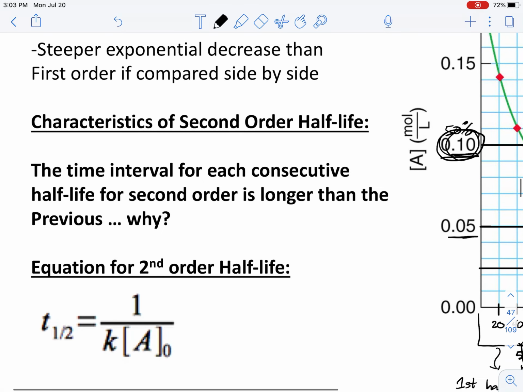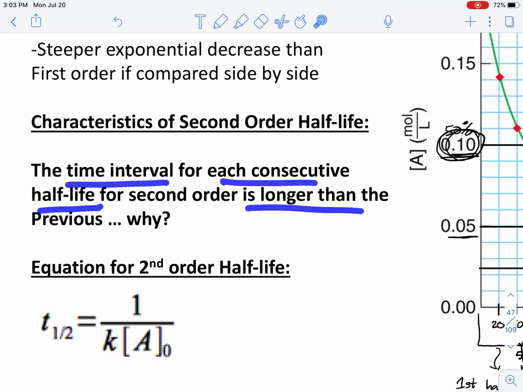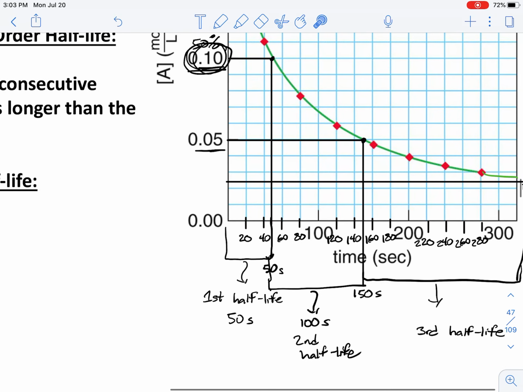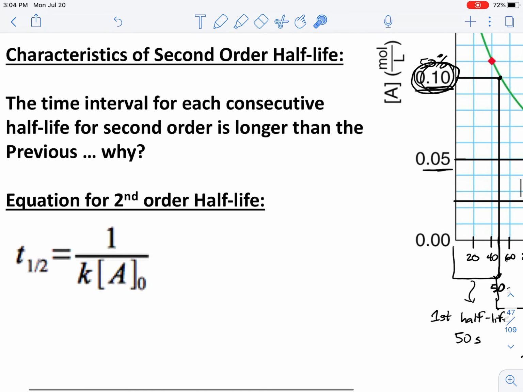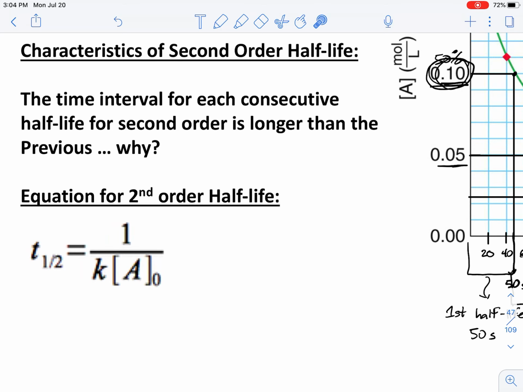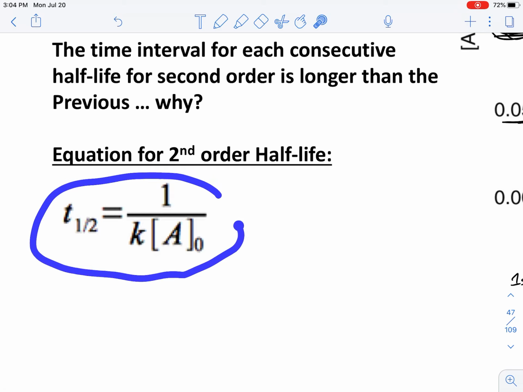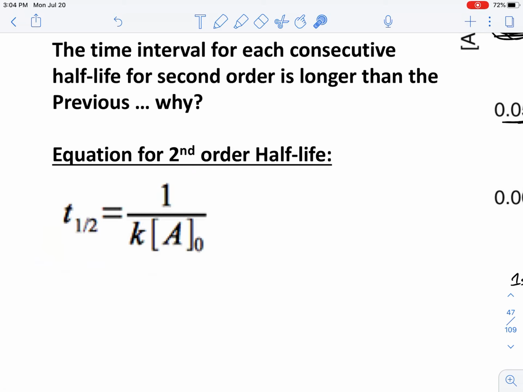Long story short, the time interval for each consecutive half-life for second order is longer than the previous. What we want to understand is why. Why does it take much longer to reach the next half-life, whereas in first order, the consecutive half-lives are the same? Well, that can be explained by looking at the equation for second order half-life.